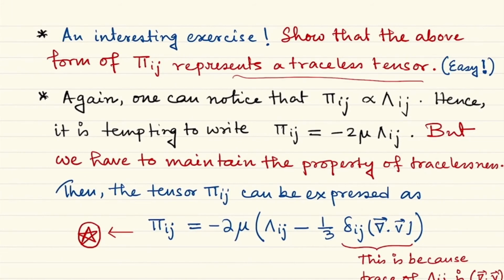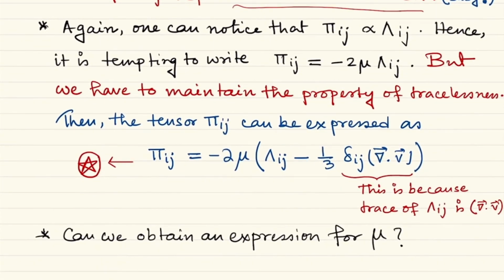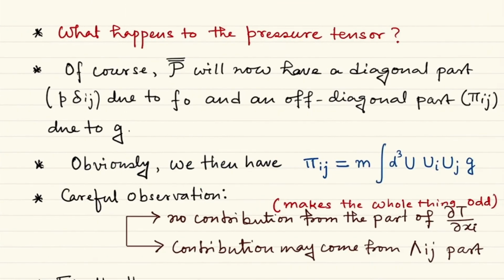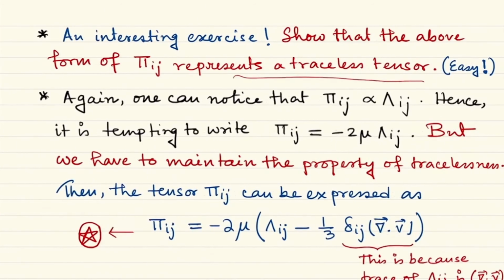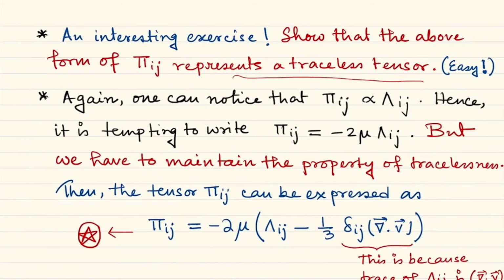So that is also our consideration, that this part will contribute for pi ij, so it should be proportional to lambda ij. Of course it is tempting to write that pi ij is equal to some constant times lambda ij. But we have to remember always that the property of tracelessness should be satisfied.